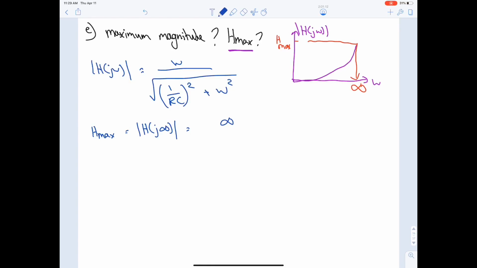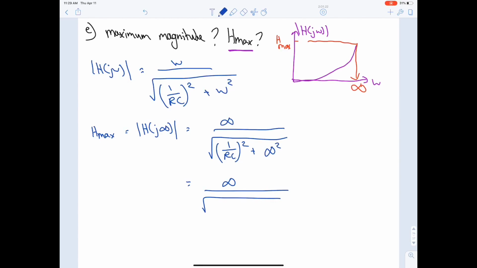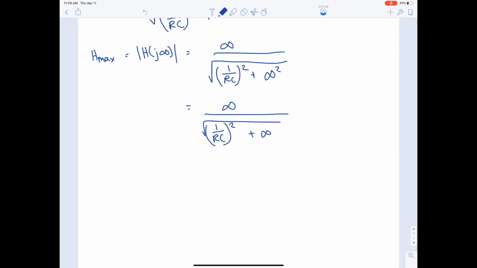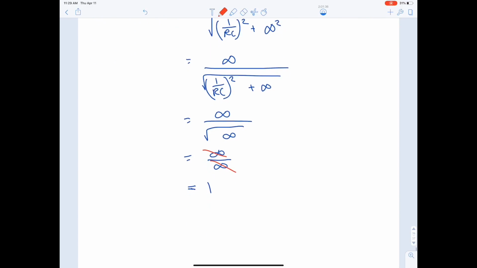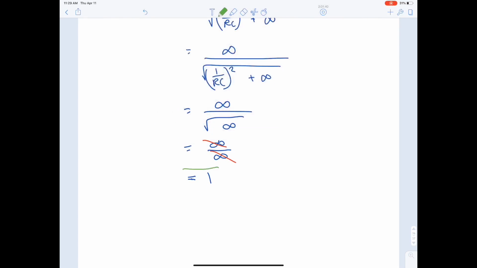So here we need to remove every omega and replace it with infinity. Infinity squared is infinity, and infinity plus anything is infinity, and square root of infinity is still infinity, and infinity divided by infinity is 1 as they cancel each other out. So the maximum magnitude is 1.